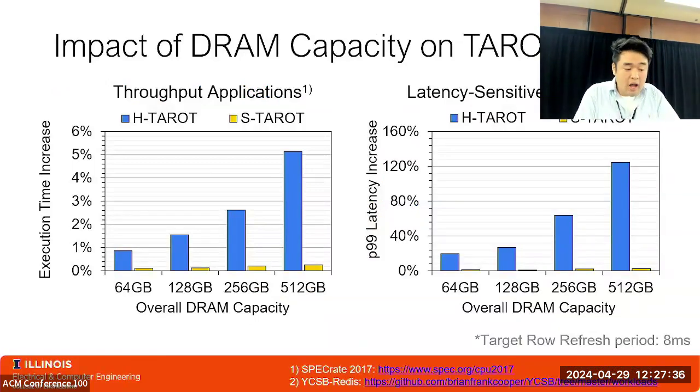By offloading the work from the host CPU to the SmartNIC CPU, we can minimize the performance penalty on the host CPU. We see a 5% increase in the execution time for HTAR when the system uses 512 GB DRAM. We also see a 120% increase in the 99th percentile latency for HTAR when the system uses 512 GB DRAM.